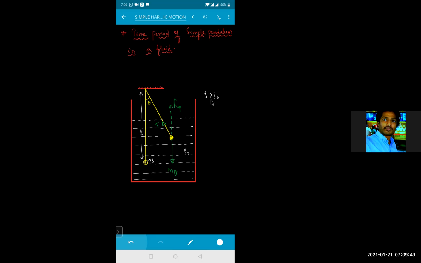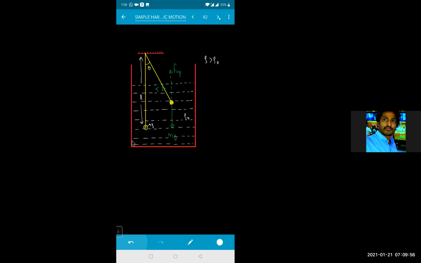So the density of the bob is greater than the density of any liquid you are taking. Now how do you write the effective g on this one, student? Net force will be equal to m into g effective. I'm directly writing Newton's second law. So net force will be equal to mg in the downward direction minus upthrust in the upward direction.